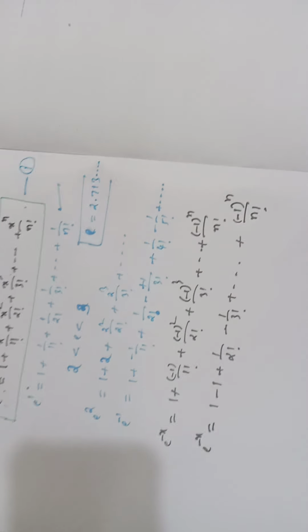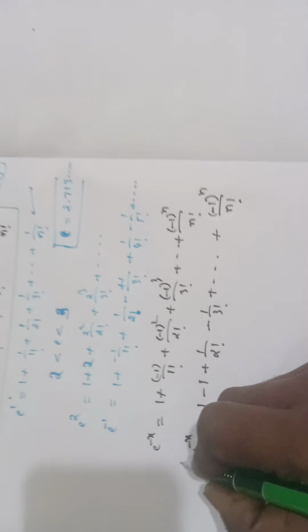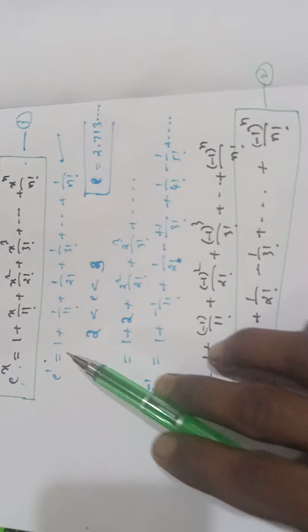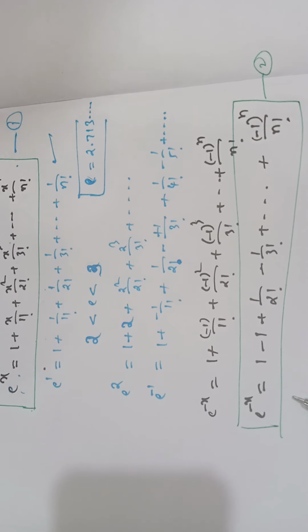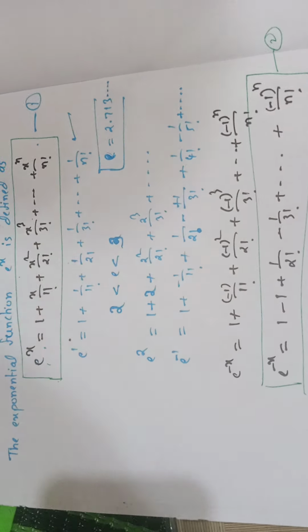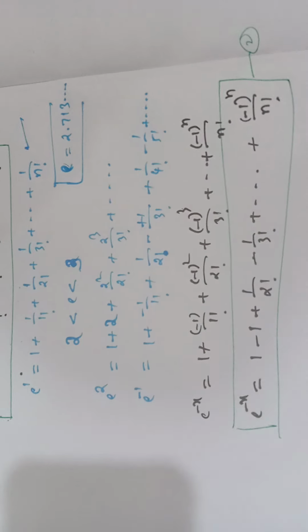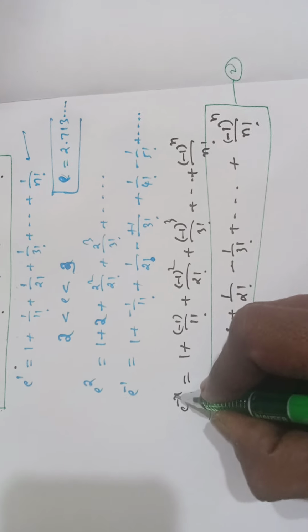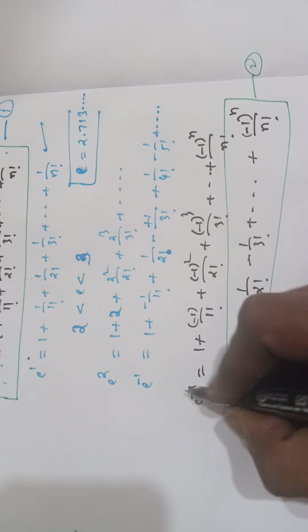So once you consider what I am saying here, the first one and this last one, look here carefully. I am assuming this one as the second equation, this is the first equation. What I am doing here, I want to take both the equations at a time. Okay, so then we can understand. And one more thing here, this is e to the power of minus 1 we should write here.